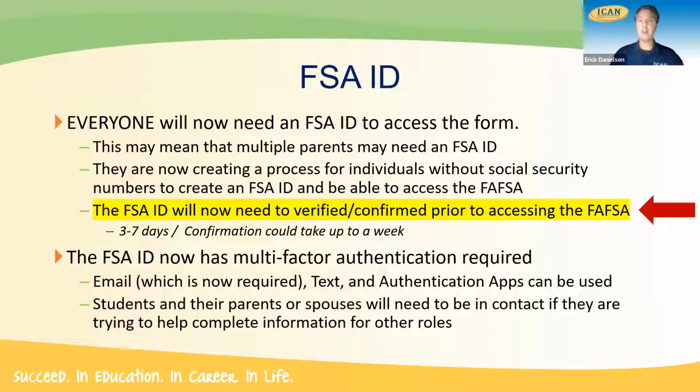So you might need to do 1, 2, or even 3 sections, you could say, all to get completed by each contributor before the FAFSA form is totally completed. Again, this is another reason we feel that getting the FSA ID ahead of time, besides even what you see on the screen, is going to be more important than ever.